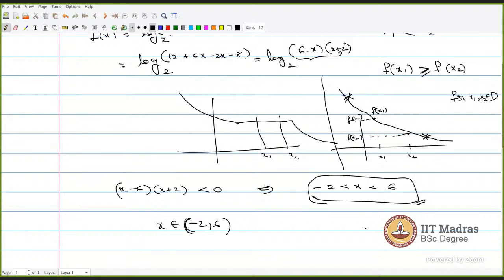So we can only talk about this particular interval. So option 1 shouldn't be correct in my understanding. Will option 1 be correct or not, sir? Minus 2 to infinity. Option 1 would not be correct.